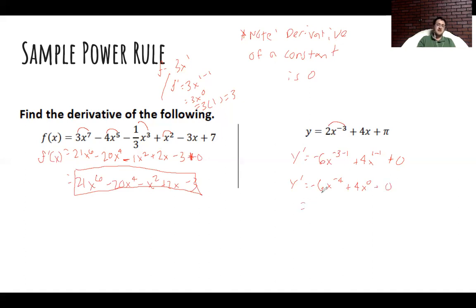And if it says on your Delta Math that they do not want negative exponents, you can just put that negative exponent downstairs to make it positive. And you would just have negative 6 over x to the 4th plus 4. Now on paper, I would also take negative 6x to the negative 4 plus 4 as well. But just pay attention to the directions on your Delta Math.